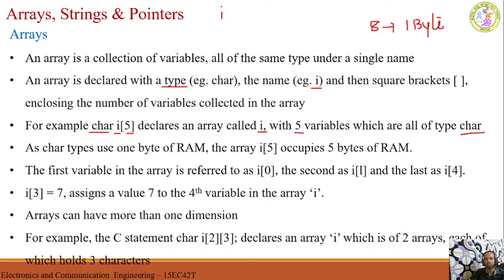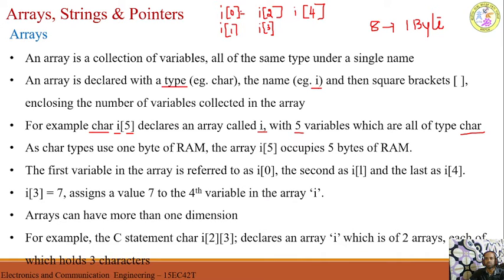I of 0 is the first memory location. So 8 bits are reserved for this. Next, I of 1 is the second memory location, and that is 8 plus 8. And then I have I of 2, and then we have I of 3, and then I have I of 4. So totally 5 memory locations are there.